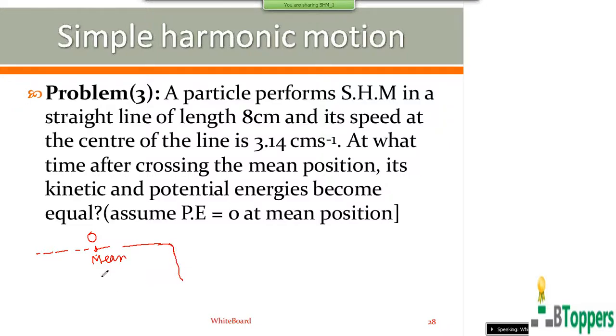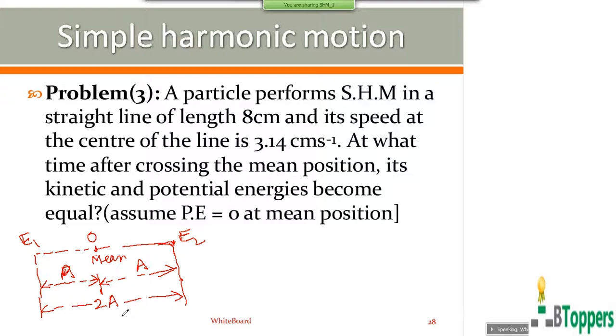The distance between the mean position and one of the extreme positions will be equal to the magnitude of the displacement amplitude, which is denoted by capital A. The distance between the mean position and the other extreme position is also equal to the magnitude of the displacement amplitude. So the distance between the two extreme positions is 2 times the magnitude of the displacement amplitude.